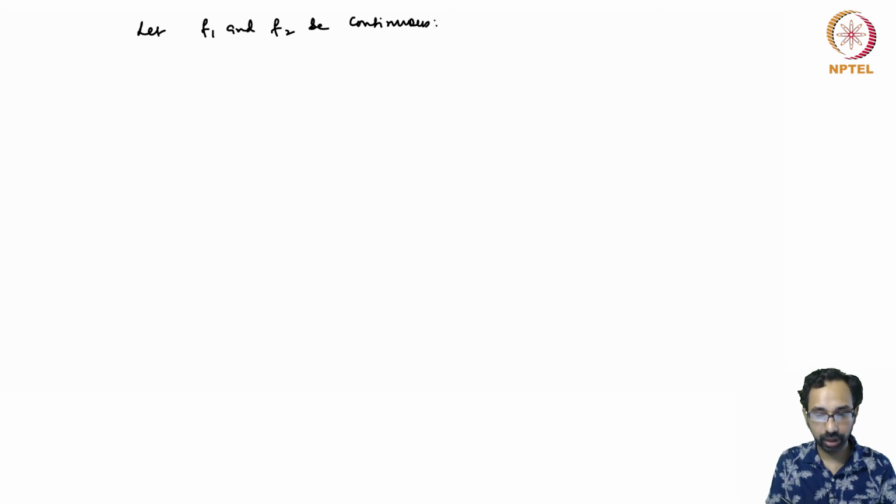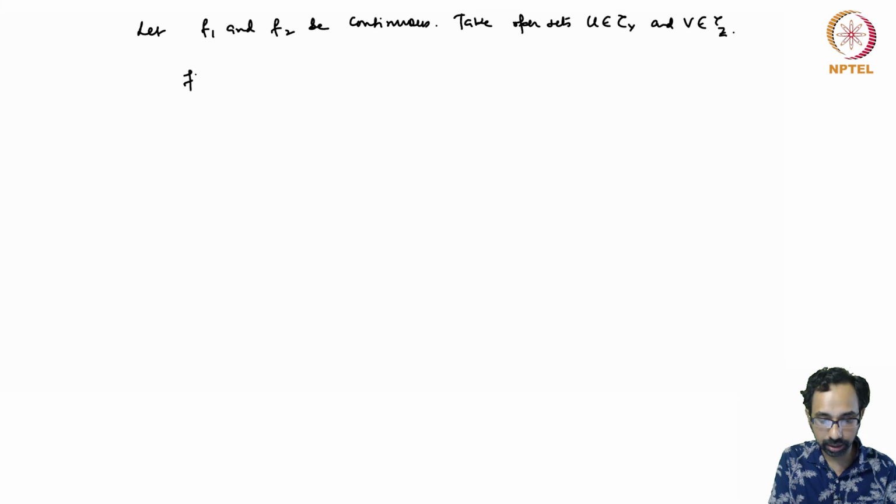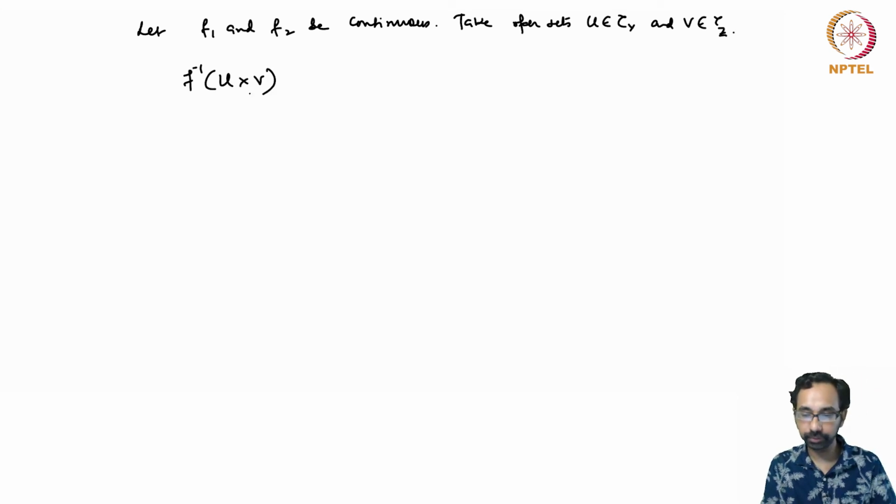Now conversely, let f1 and f2 be continuous, and let's take open sets U in Y and V in Z. So what is f inverse of U cross V?